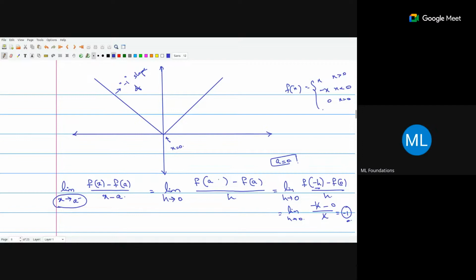See, h is negative, and minus h. It will be a minus h. We are testing from the left hand side. It will be minus h because we are coming from the left hand side.